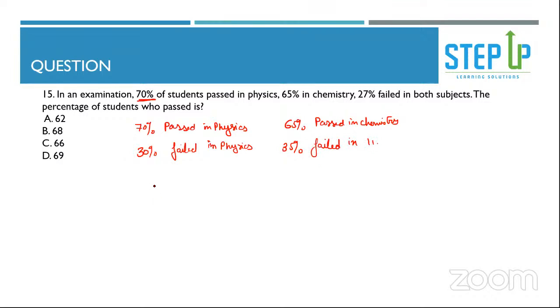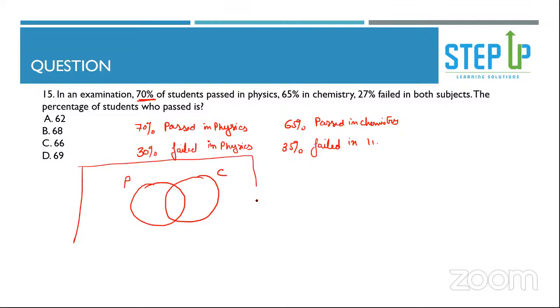All right. So I'll use this Venn diagram now. This is for physics, this is for chemistry. This all is about the failed ones. This part, 27% failed in both subjects.